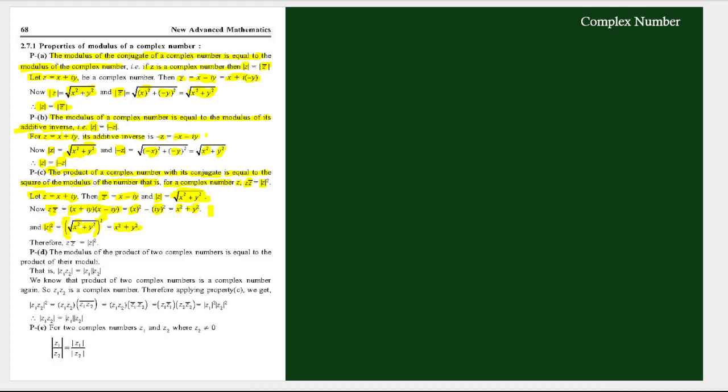And see, this is your number 1, this is your number 2. So from 1 and 2 we can say that left hand side and right hand side are equal. So the product of complex number z and its conjugate gives us the square of the modulus of z.